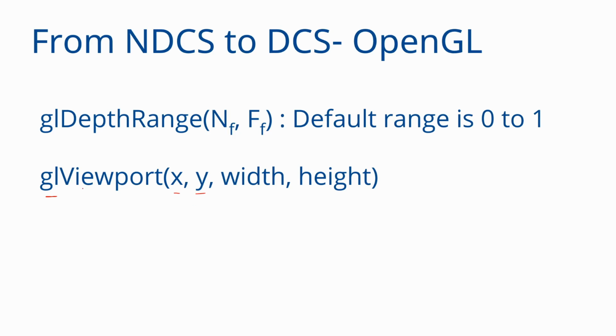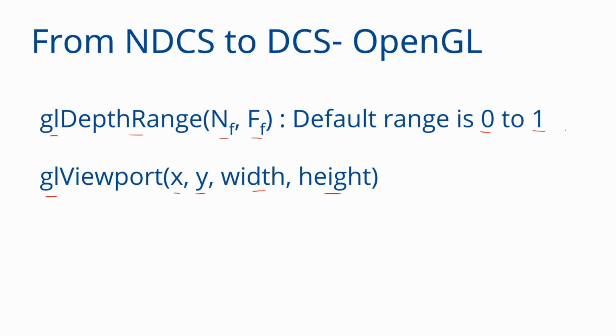So here you can see glViewport takes as input the X and Y for the corner of the window and the width and height of your window. And there is also this command called glDepthRange that takes the values that your near and far plane should be mapped to. So the near plane should go to 0 and the far plane should go to 1.